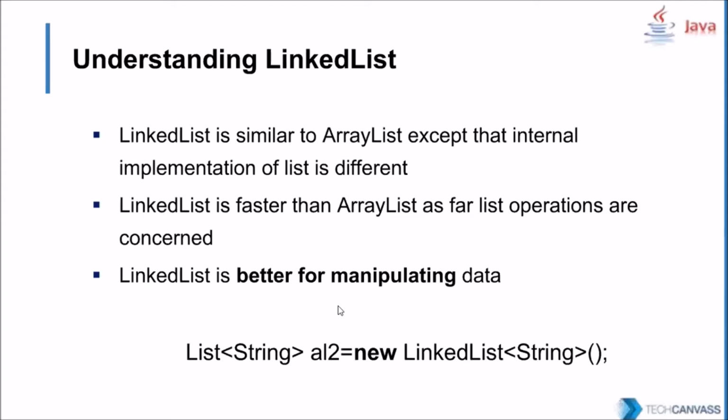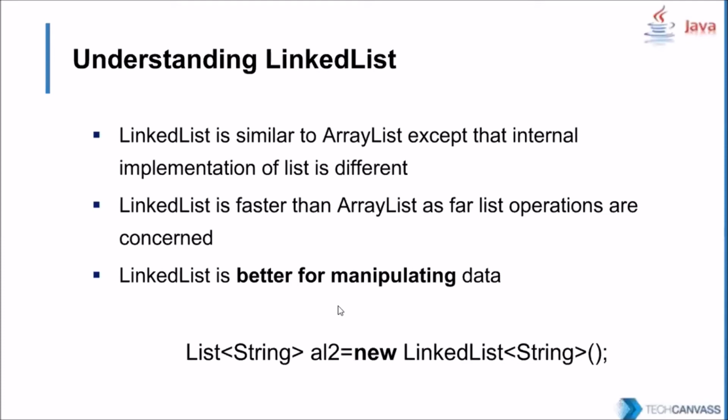So just to give you a difference between ArrayList and linked list: in ArrayList, search operations are pretty fast compared to linked list. Linked list, since it is a doubly linked list, search operation is slower, whereas in ArrayList it is fast.